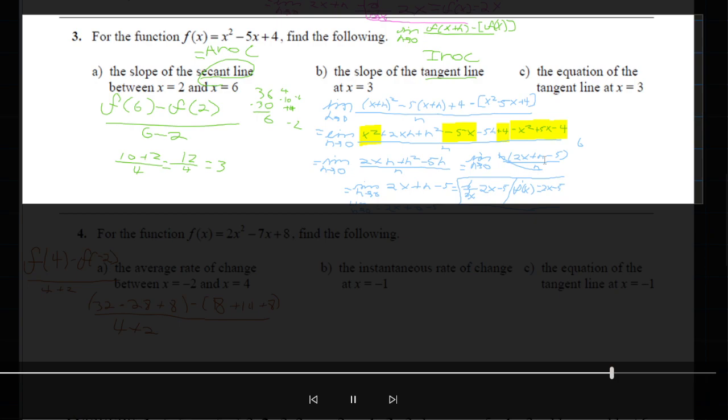And here we substitute the 0 into the h, which gives us a derivative of 2x minus 5. And here I'm just doing the tangent line, which is y equals 2x minus 5.